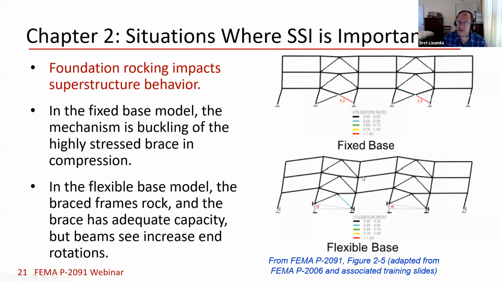So if you had sort of a non-ductile connection between that beam and the brace, then that could be where you could have a lot of damage. So in an older concrete building, let's say these were shear walls instead of braces, you had beams, then this could be a bad thing. But it's kind of a real thing. The fixed base model, unless you're sitting on rock, and that's not what really happens. This picture on the bottom is much more realistic of what really happens.